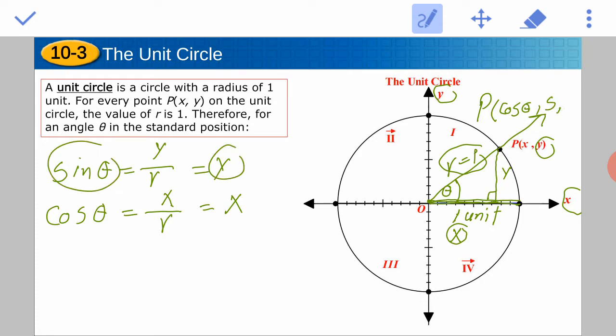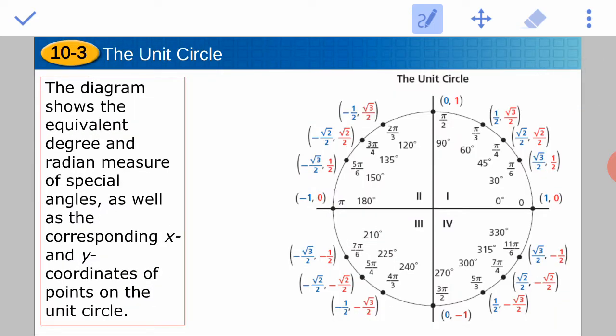So any point on the unit circle of any angle can be expressed, instead of x and y, as cosine theta and sine theta. The tan ratio is always tan theta equal to y over x, and it's the same ratio on the unit circle.